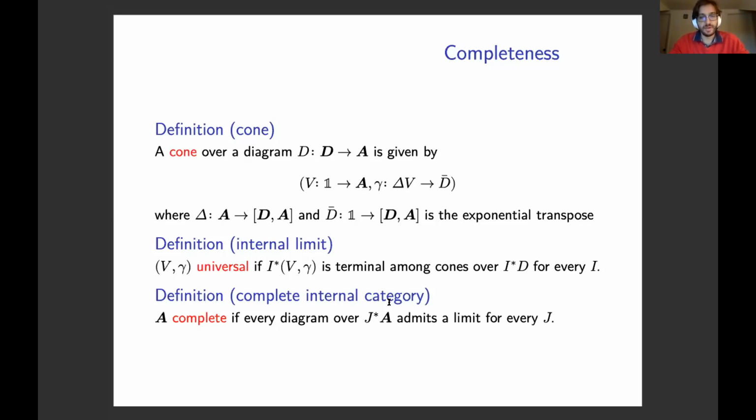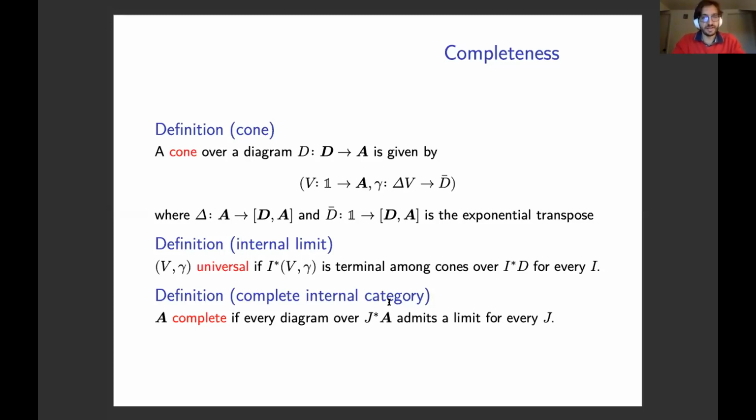So we want to have the limits for every diagram in every slice of the ambient category. So we force the definition to be stable under pullback.